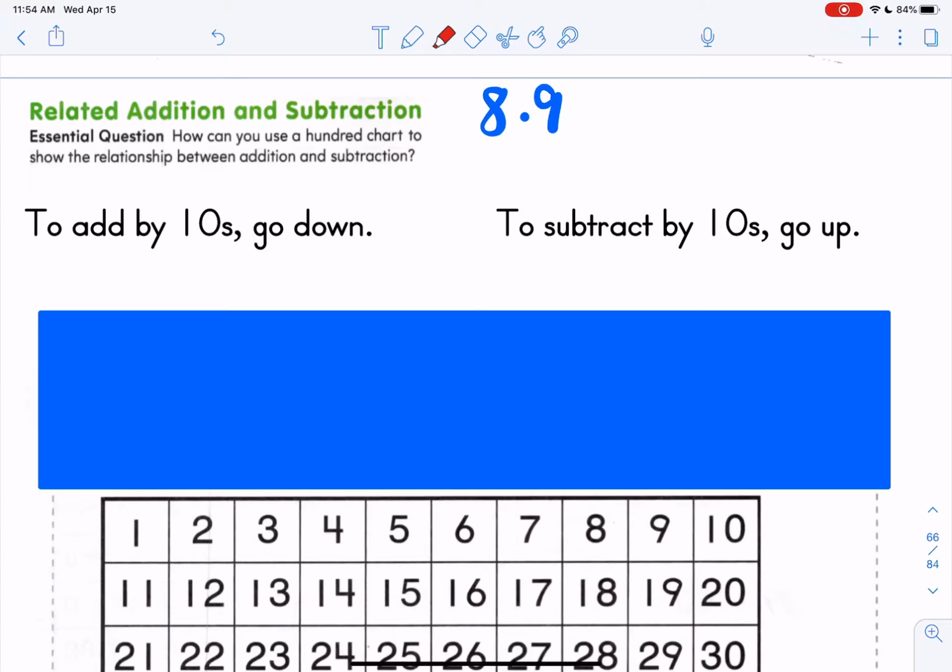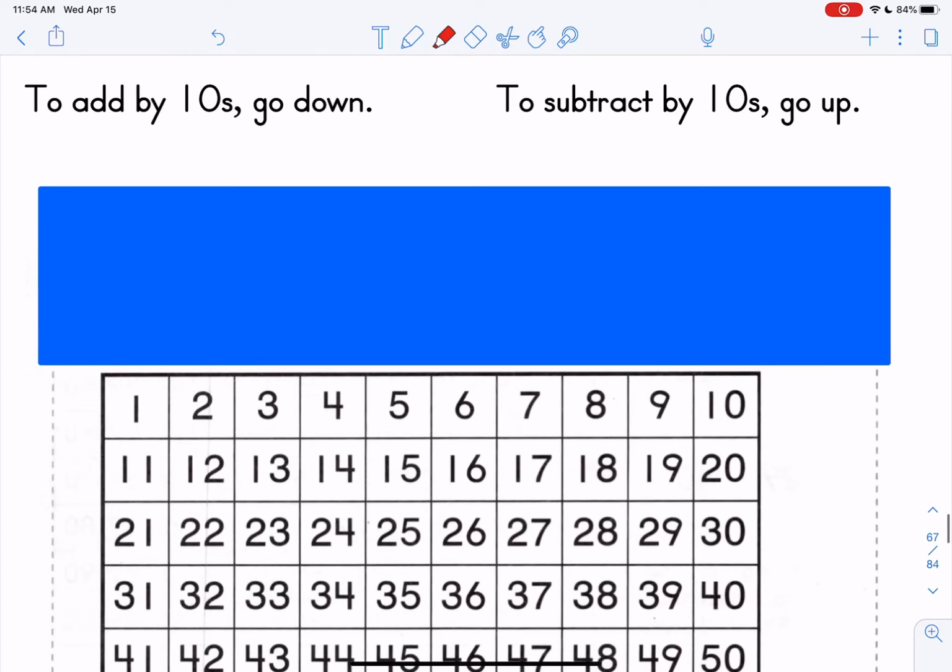But there's two things I'm going to teach you right at the very beginning. You need to know these. We've talked about them before. The first one is written at the top. It says, to add by tens, you go down on the hundreds chart.